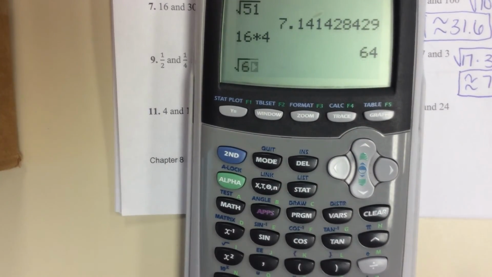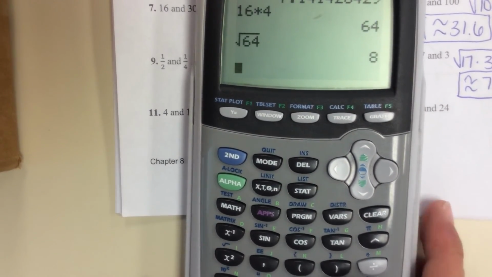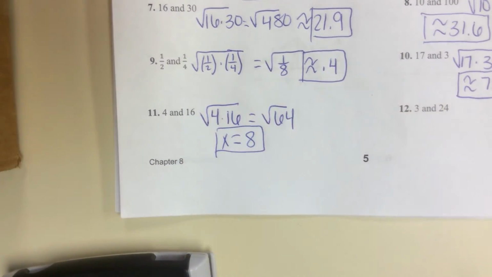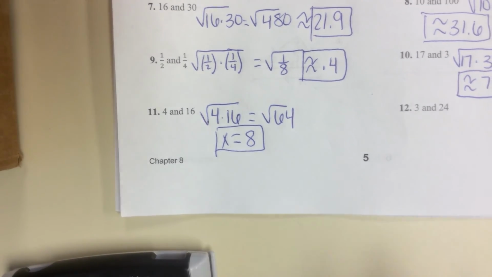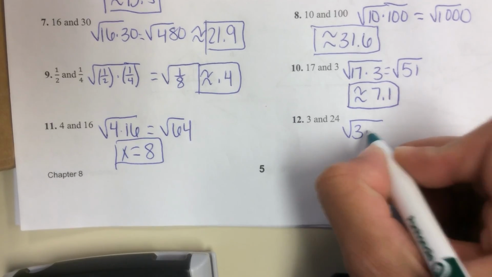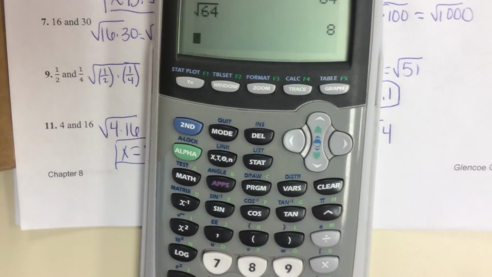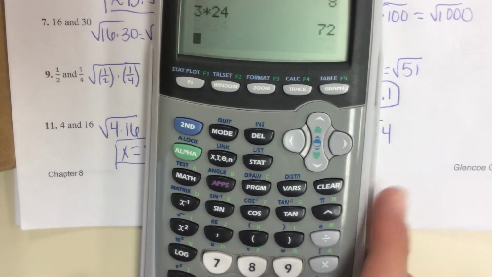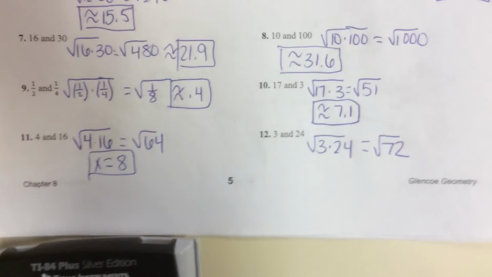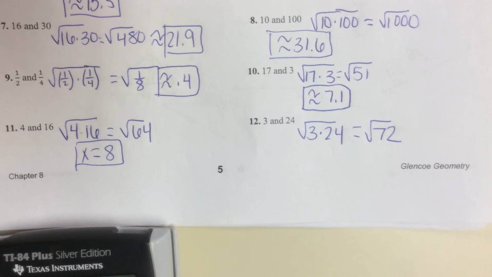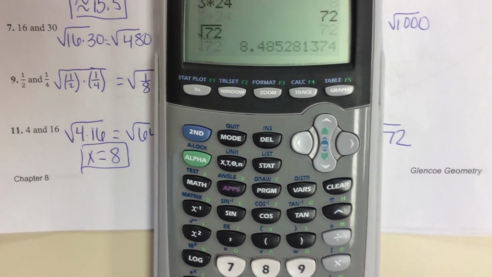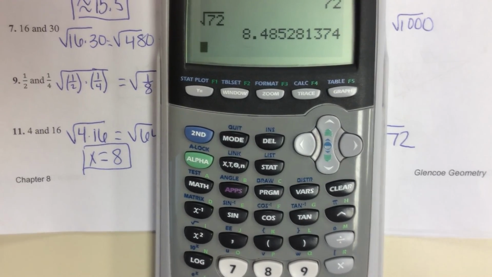Type in the square root of 64. That gives me 8. Okay, last one. 3 and 24. 3 times 24 gives me 72. Square root of 72 gives me approximately 8.5.